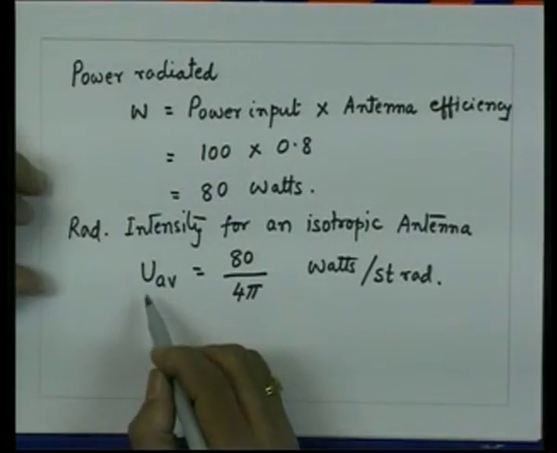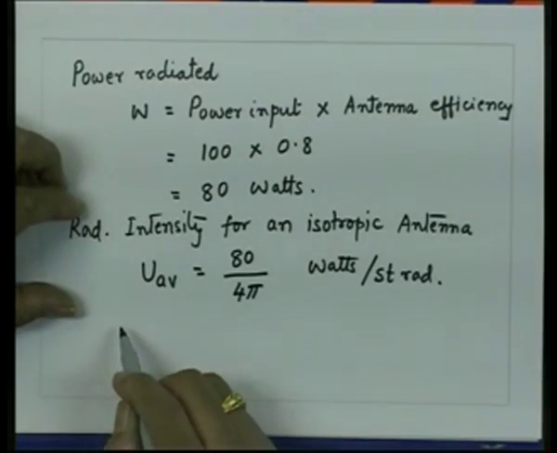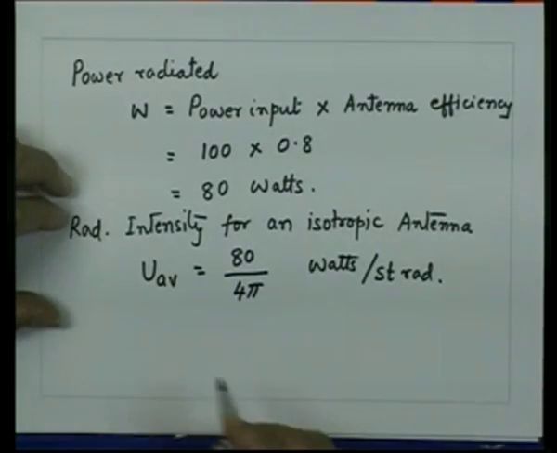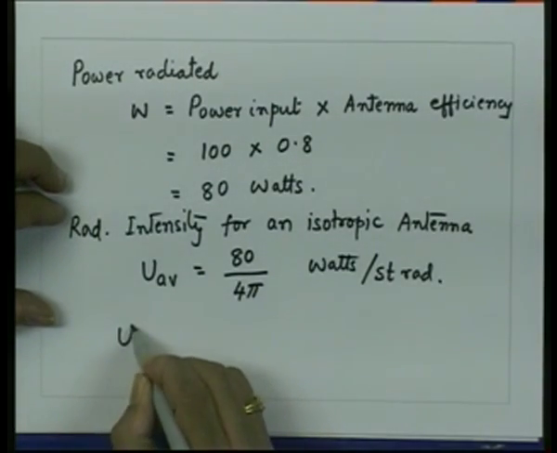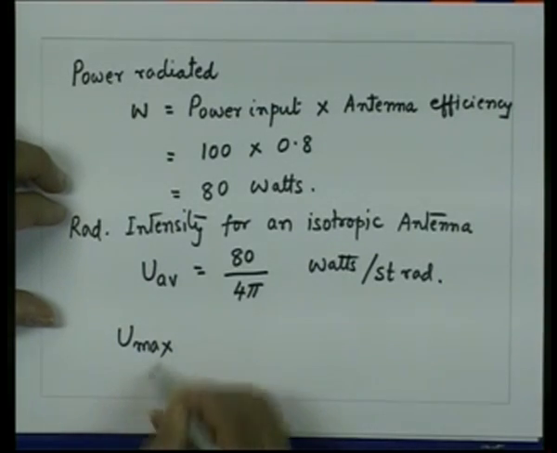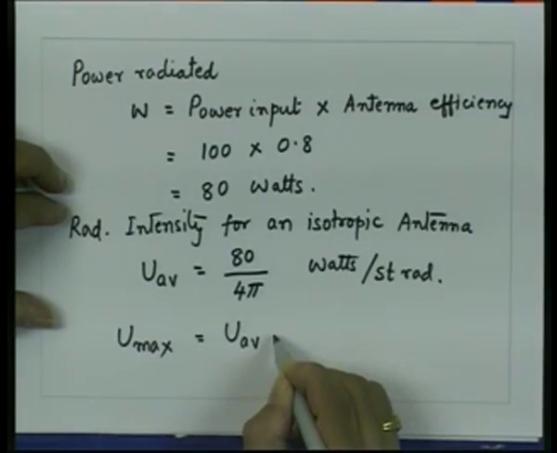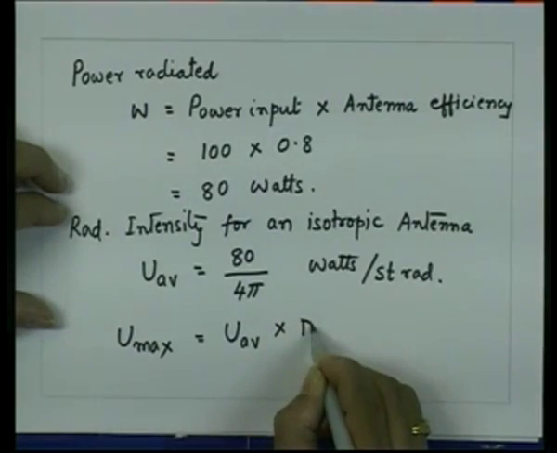Now, we know the maximum radiation intensity which we can get from the antenna is the average radiation intensity multiplied by the directivity of the antenna. So, U maximum is equal to U average multiplied by the directivity of the antenna.